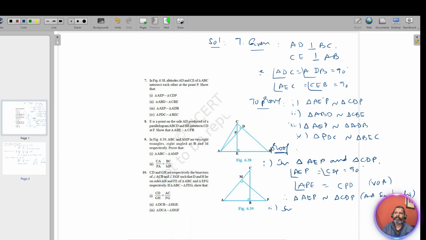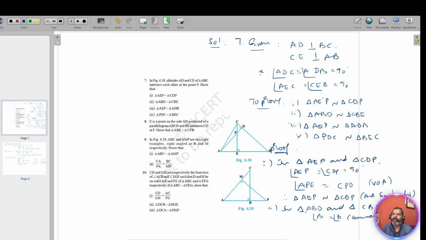We'll take the second one. Very simple. All four are like this only. In triangle ABD and triangle CBE, just observe the triangles. ABD, where is ABD? ABD here, and CBE. B is a common angle. We write that B equals B, common angle.